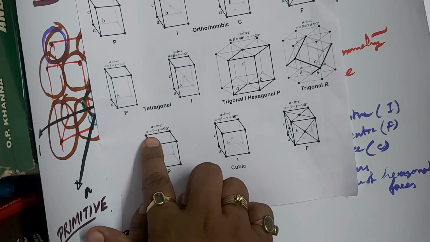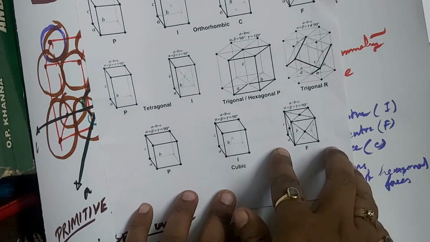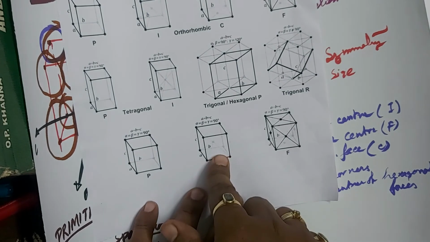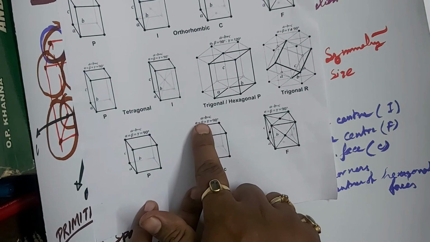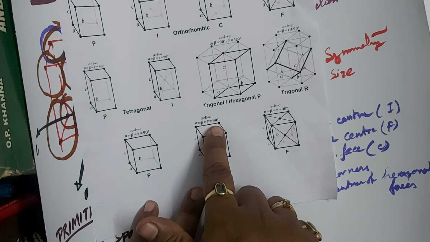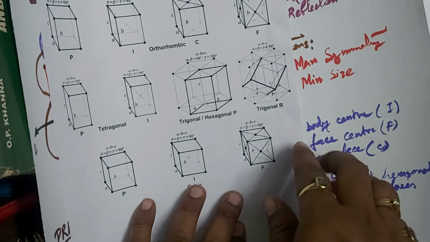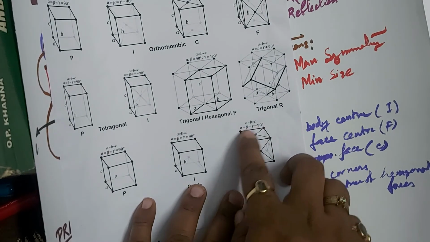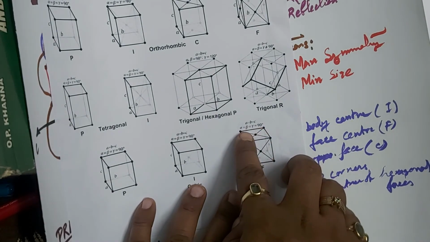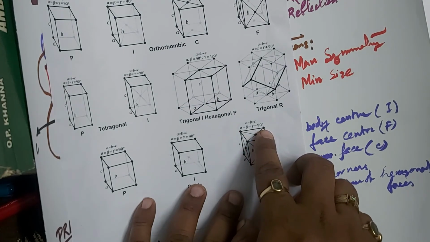So alpha is equal to beta is equal to gamma is equal to 90 degrees for simple. And this is body centered. For body centered also, a equals b equals c, and alpha equals beta equals gamma equals 90 degrees. This is face centered. For this one also, these arms are equal, and the angle between these two vectors is 90 degrees.